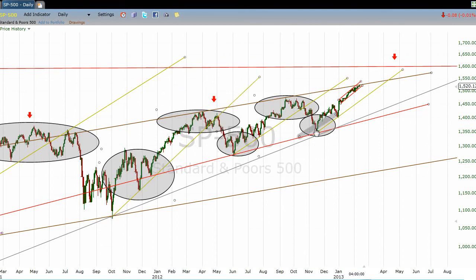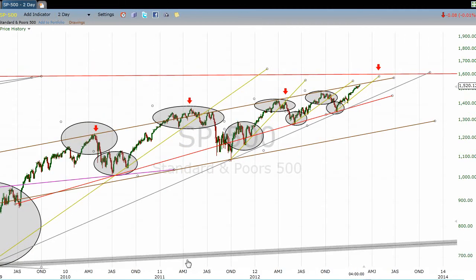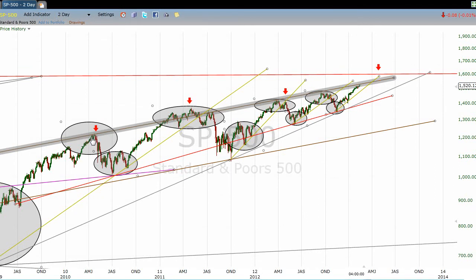Now, these weren't verified until they broke down. You could see there's the breakdown here, there's the breakdown here. If we back up to a 2-day chart, we also see that this line extends to a top that took place in fairly early 2010. That would have been in the spring of 2010.